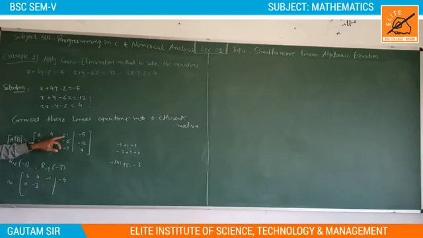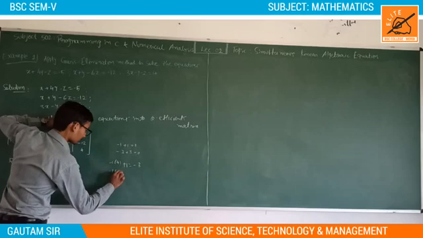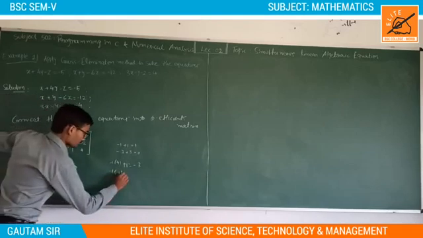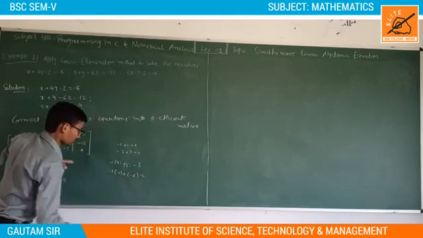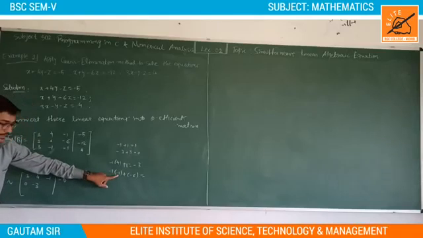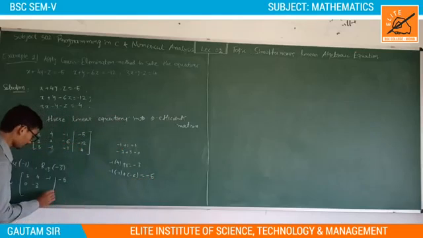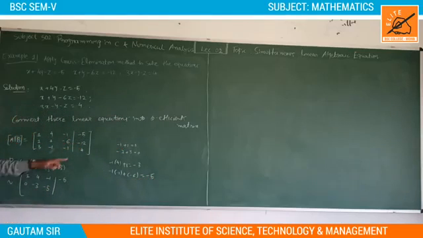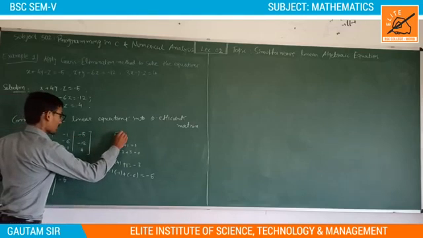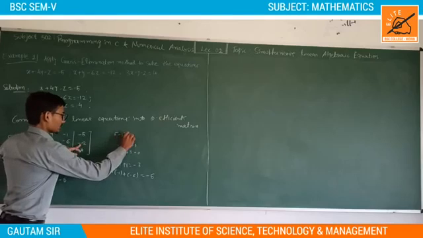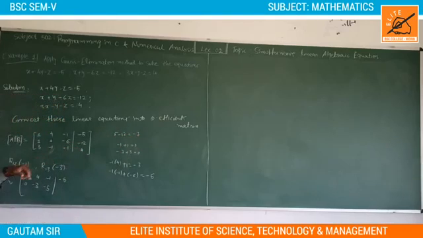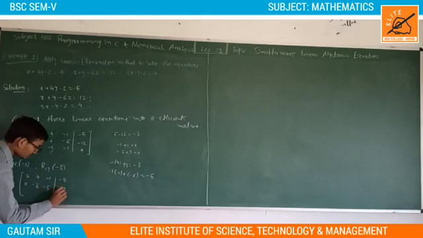Multiply the first row by minus 1: minus 1 into minus 1 is 1, plus minus 6 is minus 5. So here is minus 5. That is also changed. Similarly, minus 5 into minus 1 is 5, minus 12 is minus 7. So here is minus 7.